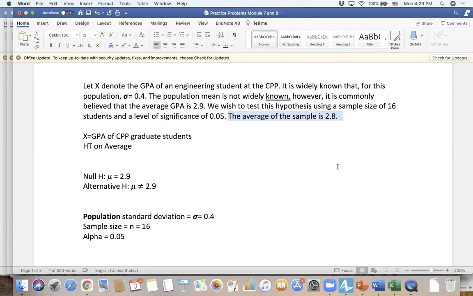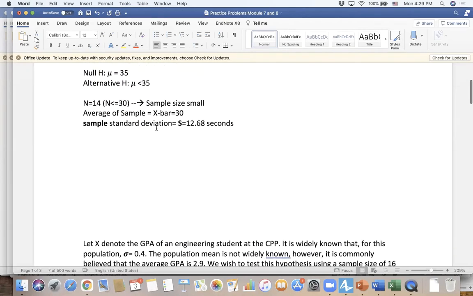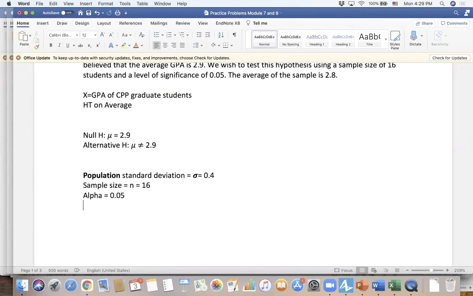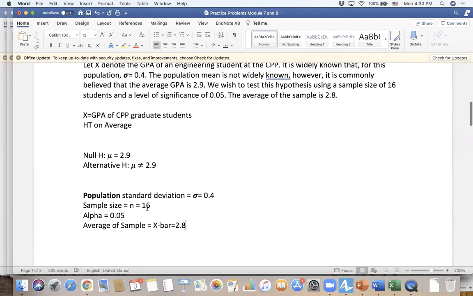X bar is 2.8. So we took a sample of size 16 students. The average GPA in this sample of 16 students is 2.8. And the standard deviation of the population is 0.4. That's all: my alpha, my null hypothesis, alternative, and so forth.